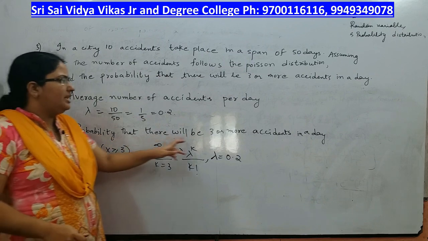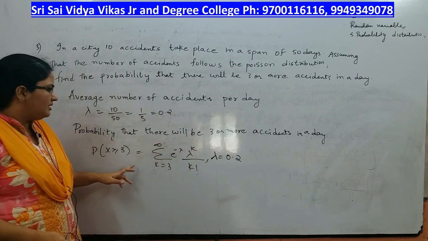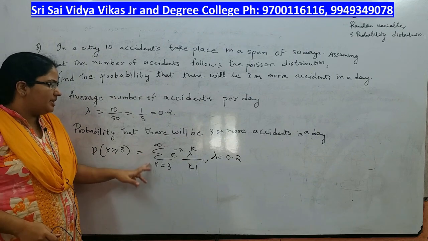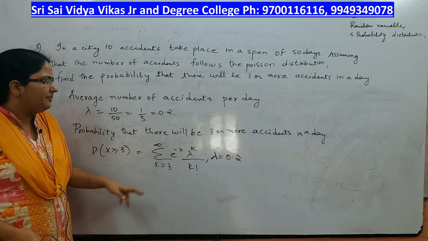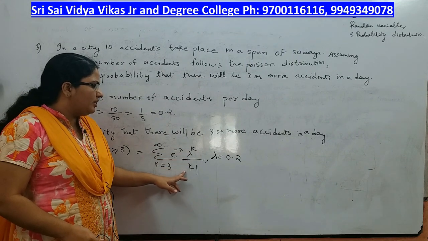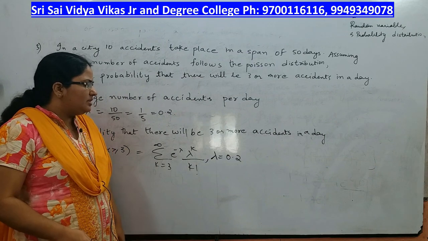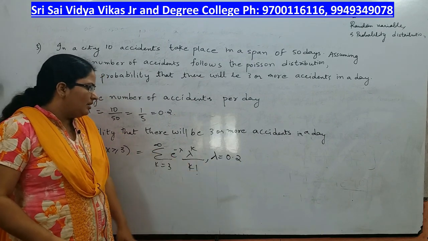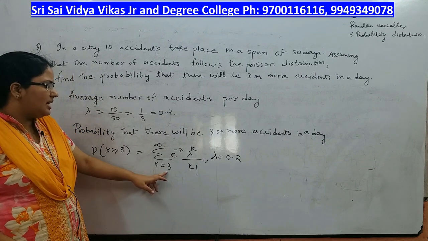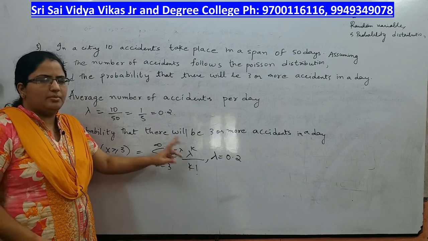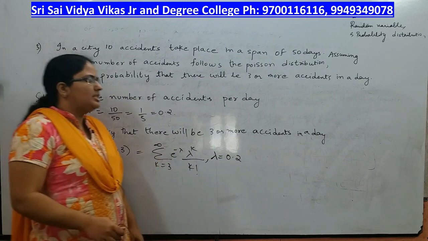Probability that there will be 3 or more accidents in a day is P of x greater than or equal to 3, that is the summation from k equal to 3 to infinity of e^(-lambda) lambda^k by k factorial. Here lambda value is 0.2. So the k value starts from 3 to infinity. That's why we have written a statement like this. That's about this problem.